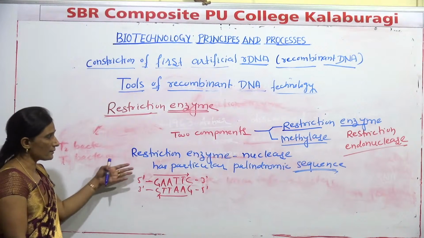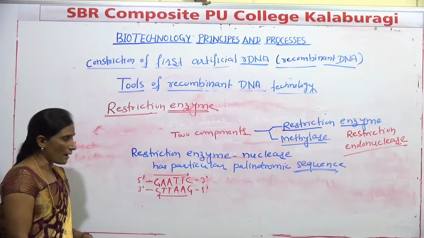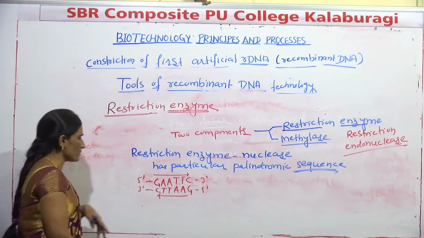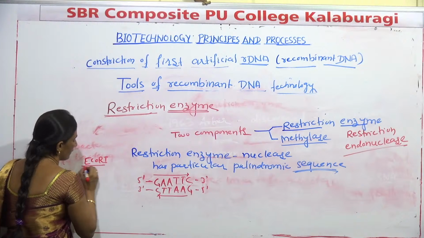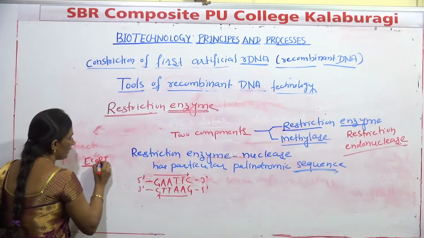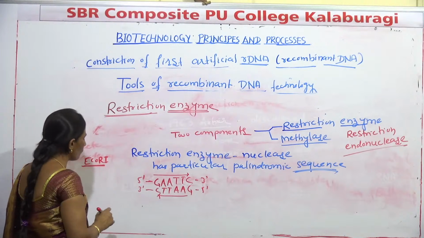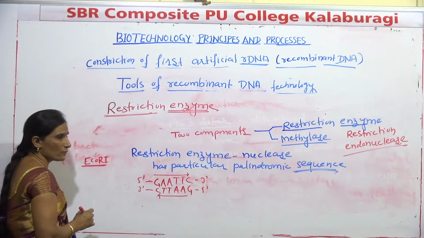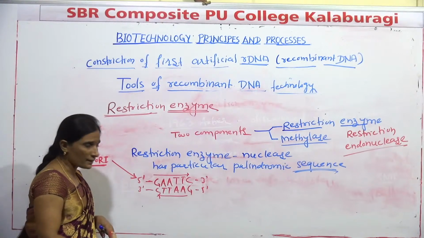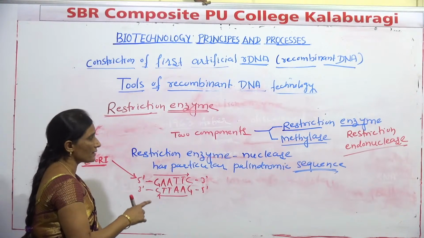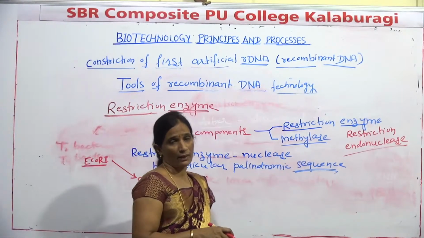This is the sequence of EcoR1, Escherichia coli strain 1. It is one of the restriction endonucleases. So restriction enzyme is a nuclease that has a particular palindromic sequence.